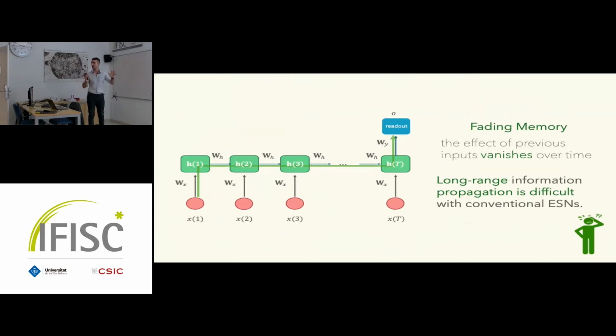This is okay for a lot of tasks, but what the fading memory is doing to my system is, in practice, accepting the fact that the information can vanish over time. So my system can be dissipative. And in practice, if I have, for example, a time series classification problem, where given an input time series, in the very final time step, I want to compute the class of my time series, right?